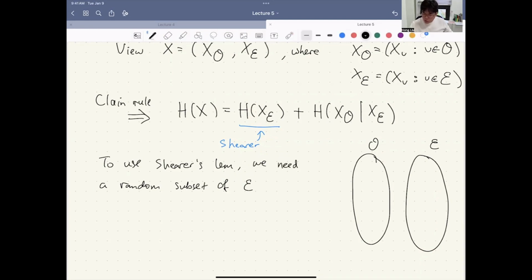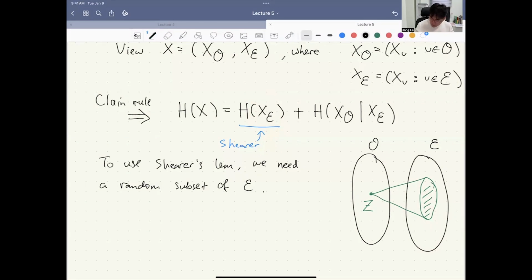Well, what we're going to do is we randomly choose a random vertex Z, and we're going to look at its neighborhood. This is going to be the random subset of E we're going to use.